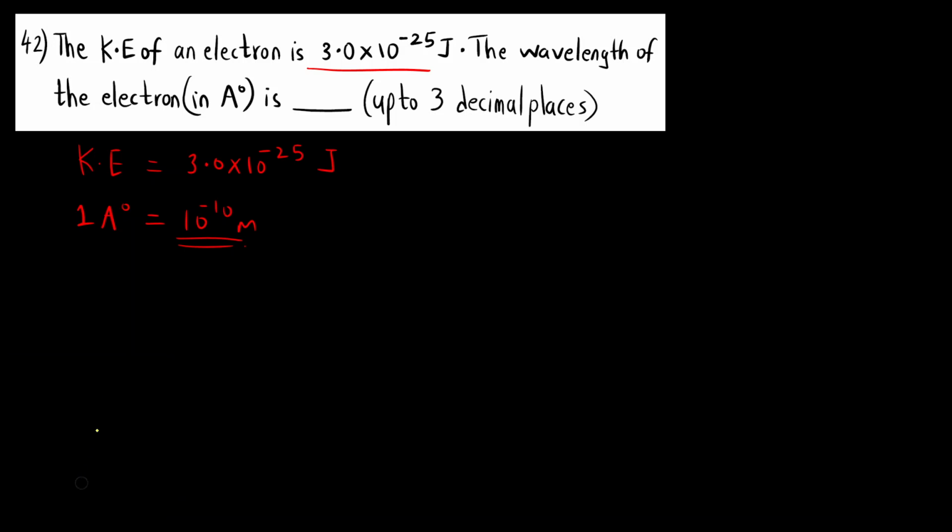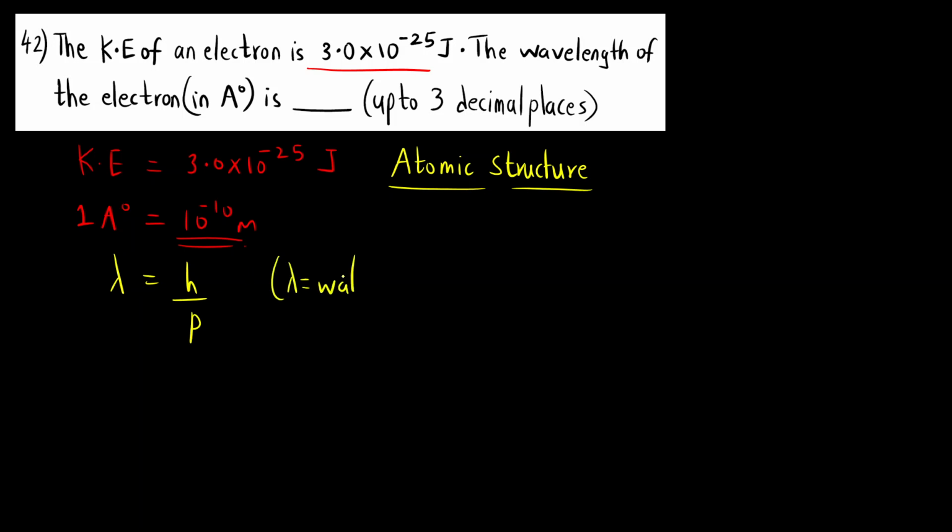Now let us solve. This is from which chapter? It is from atomic structure, or structure of atom. It is based on which equation? Lambda is equal to h by p. Lambda is wavelength.